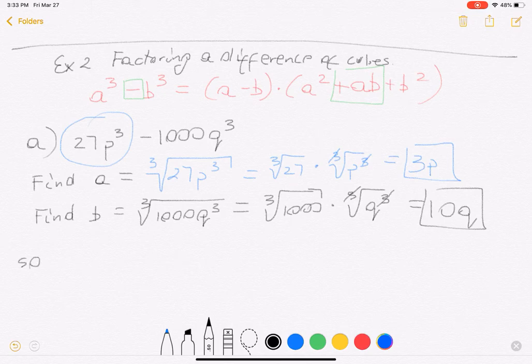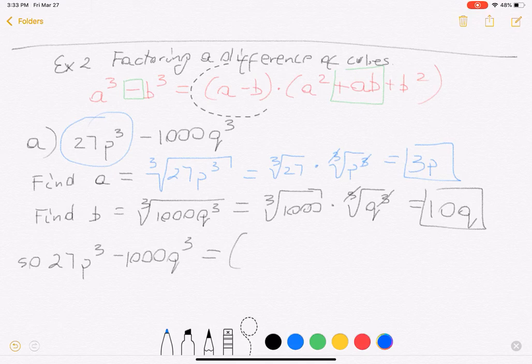So 27p to the third power minus 1000q to the third power is the same as, and now we're working with this, a minus b. So in our case, a was equal to 3p, minus b, b was equal to 10q. So we have it times.